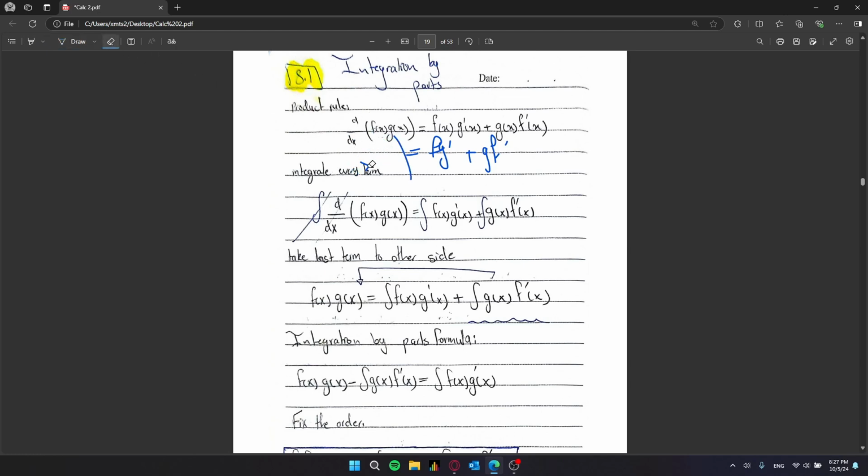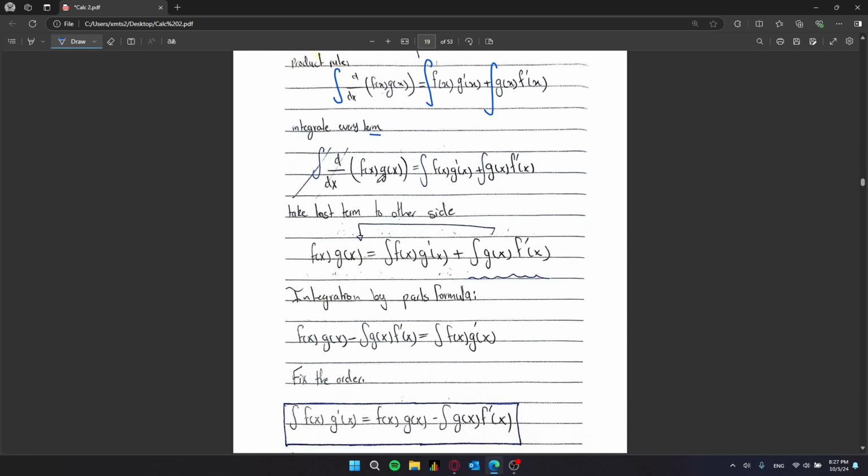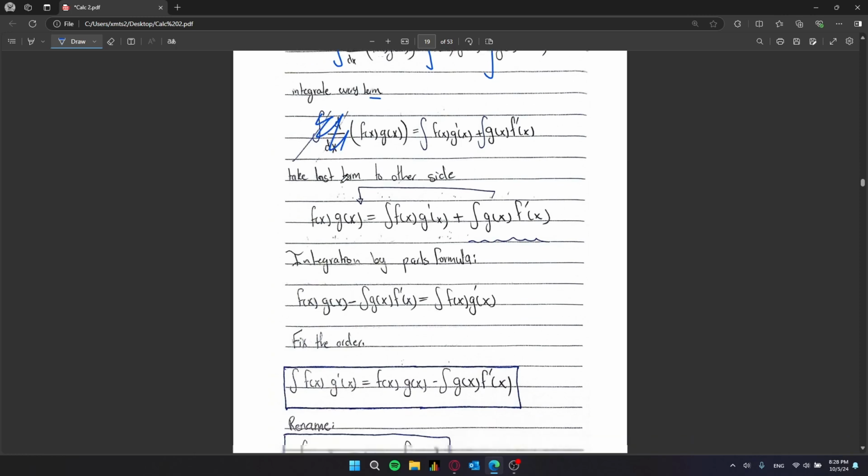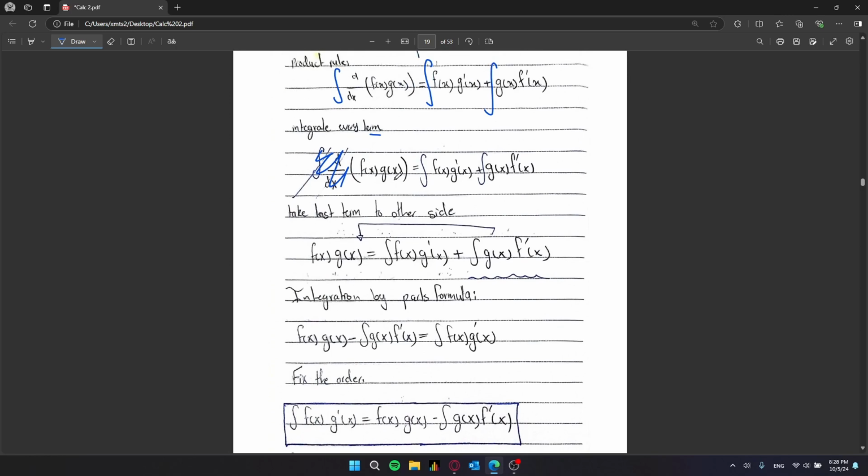Now, if you are integrating both sides, you're integrating every term, not every side. What do you get? The integration and the derivative, since they are opposites, are going to cancel out. So we know now that f of x g of x is equal to the integration of f of x g prime of x plus g of x f prime of x.